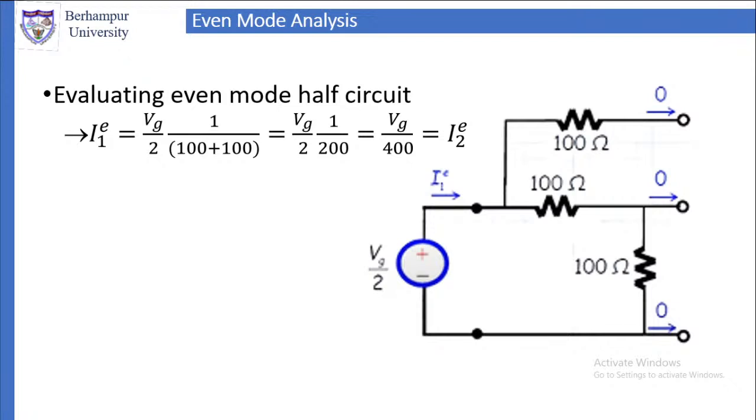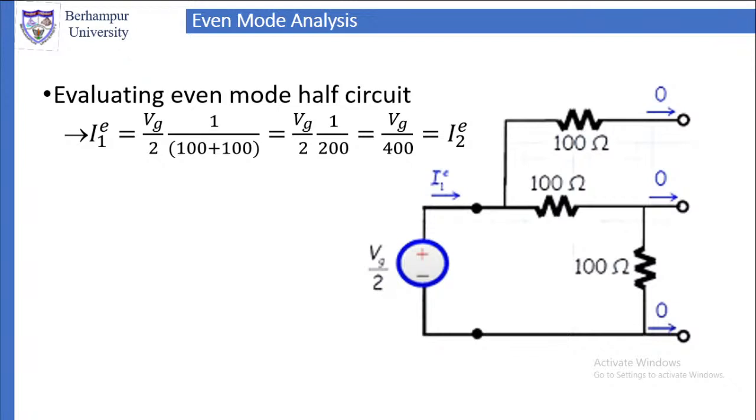You can see the upper 100 ohm is connected to an open circuit, so it is not giving any contribution. The contribution is because of the lower 100 ohm and 100 ohm. They are connected in series, 100 ohm plus 100 ohm, that is 200 ohm.